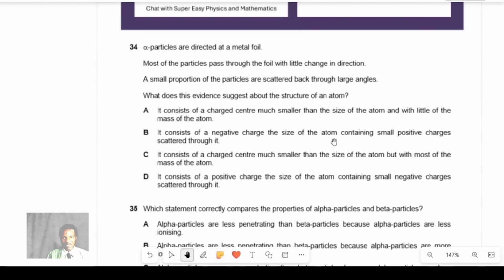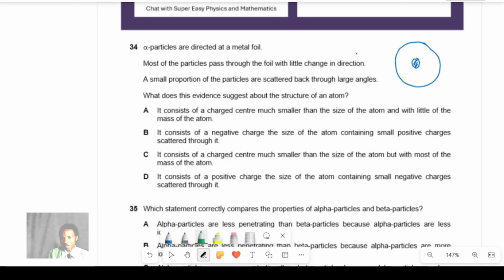So question 34. Alpha particles are directed at a metal foil. Most of the alpha particles pass through the foil with little change of direction. So you have this, and then you have the nucleus at the middle, and then let's bring those particles in.